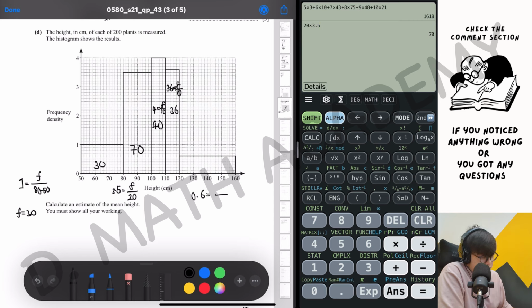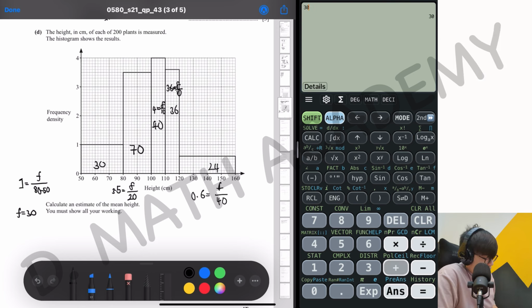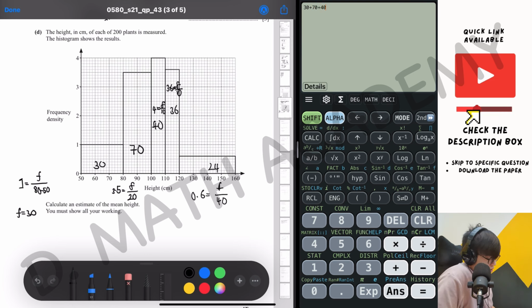The gap here is actually 40, by taking 160 minus 120. So that will be 24 here. So let's try to add everything up: 30 plus 70 plus 40 plus 36 plus 24. That's how you trace the results.